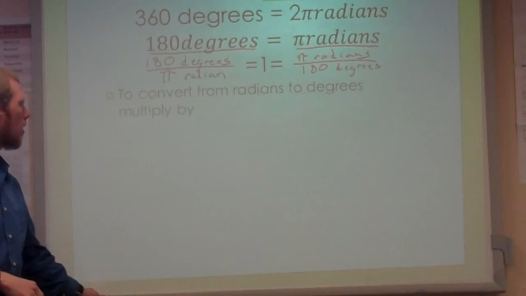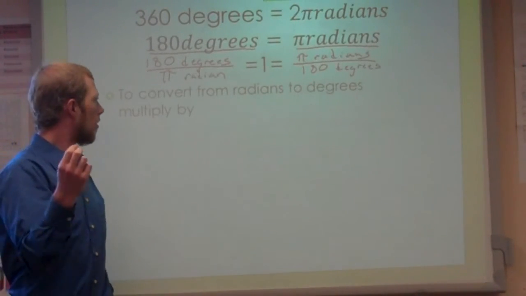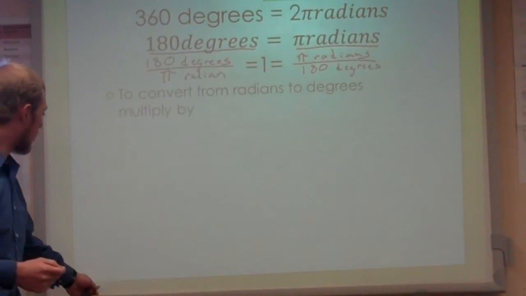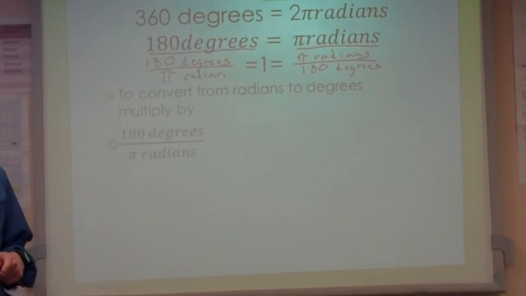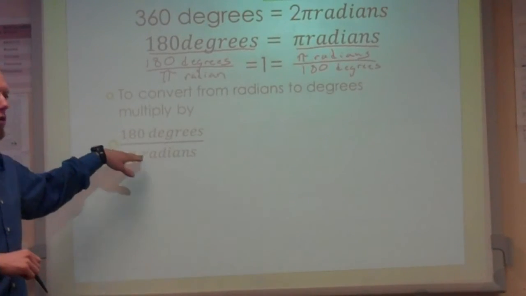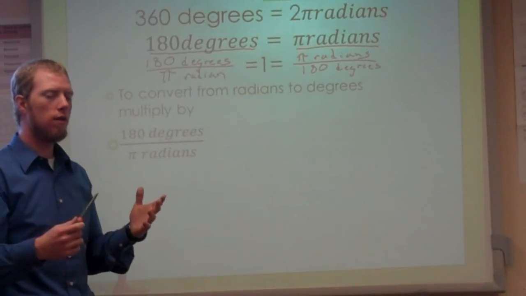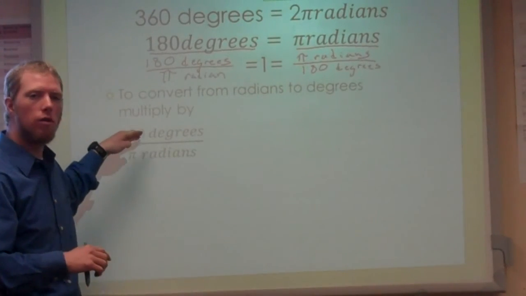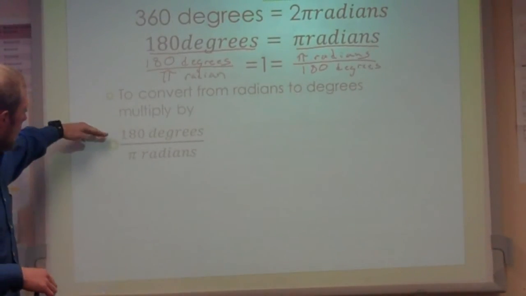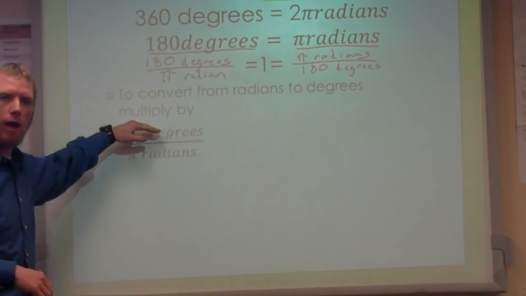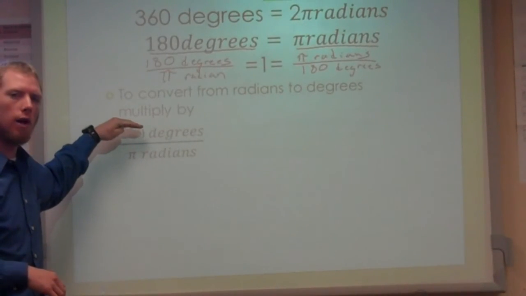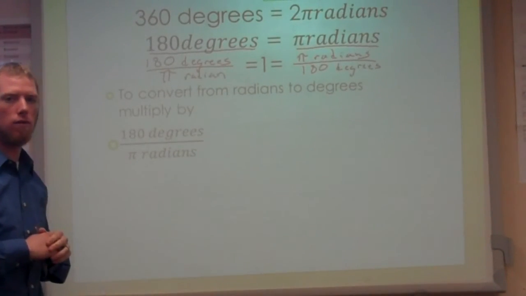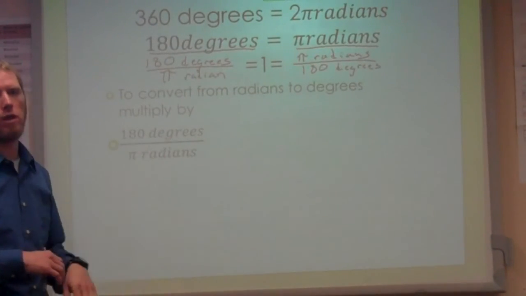Such that what I know is that to convert from radians to degrees, I want to multiply by 180 degrees over pi radians. Because let's say I had 2 radians, what I could do is multiply 2 radians by my numerator. The word radians, our units, actually cancel out, and we're left with only our degrees.